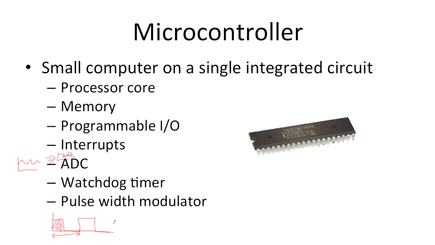So what makes a microcontroller special is that it has all these capabilities integrated within a single chip. And this is very different from a general purpose microprocessor that you find in your ordinary PCs.